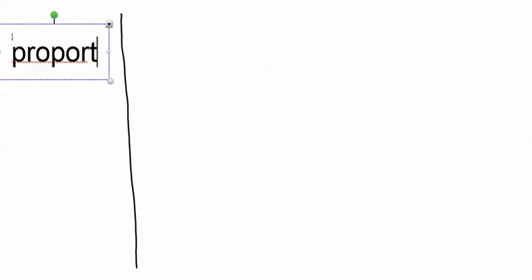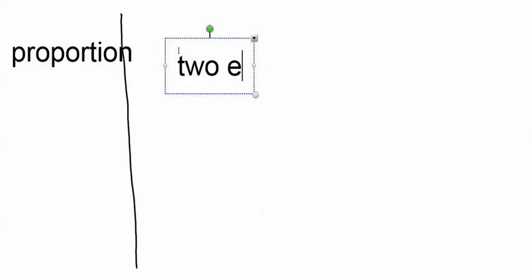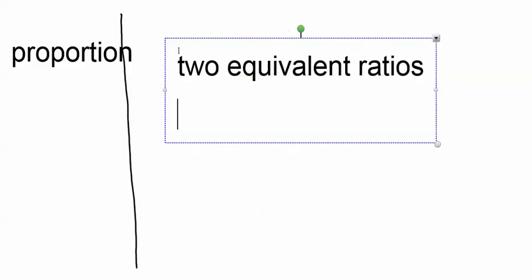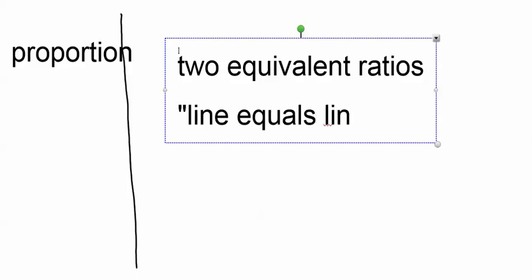Alright, so the first thing that we did is we defined a proportion. So a proportion is what we call two equivalent ratios. Sometimes you'll hear teachers say line equals line.